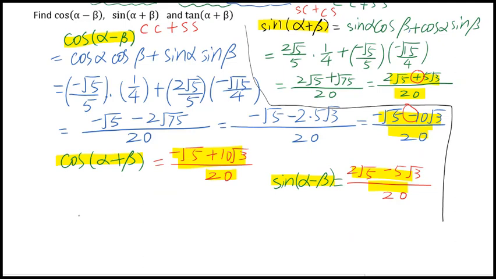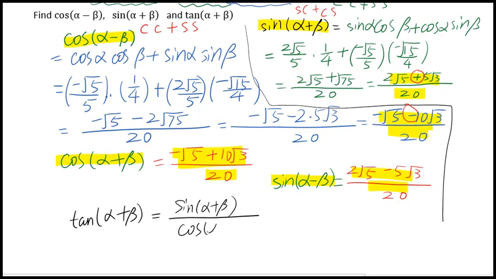Therefore, tangent alpha plus beta equals sine alpha plus beta over cosine alpha plus beta. Sine alpha plus beta is this one. Cosine alpha plus beta is this one.